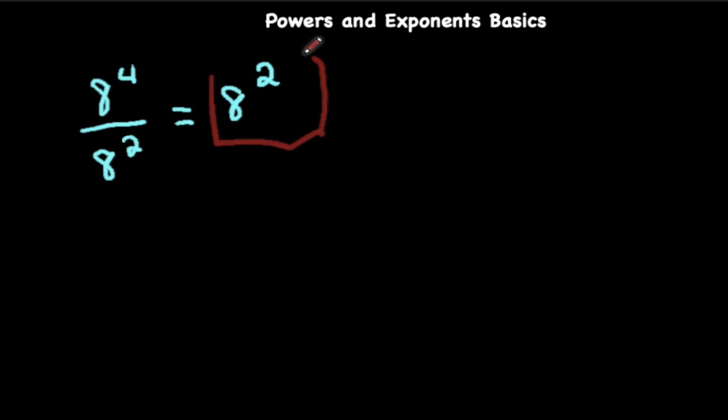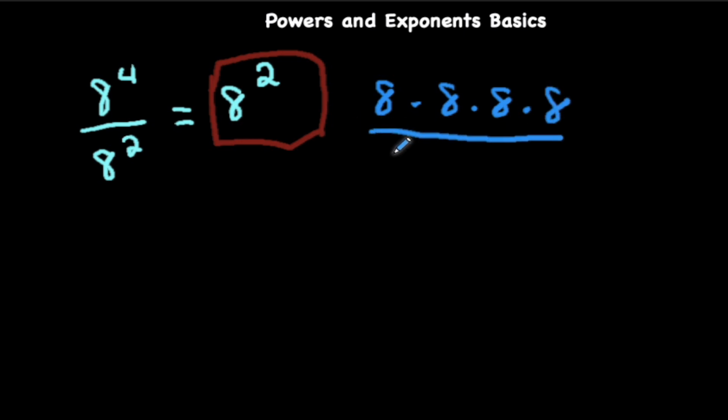Okay, so let me actually say how this works. So you're going to take the 4 8s on the top and multiply. So 8 times 8 times 8 times 8. And that's divided by 8 squared, which is the same as saying 8 times 8.